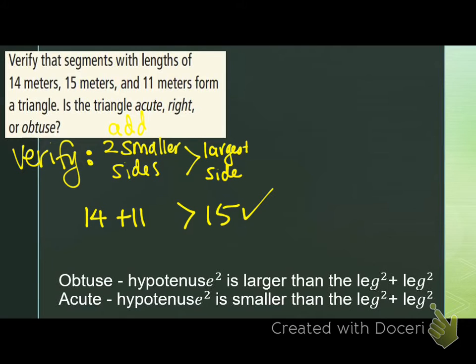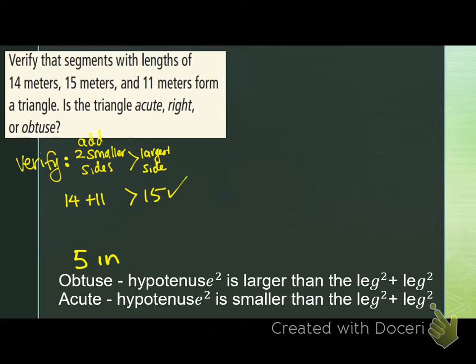But if it is a triangle, you are going to use the Pythagorean theorem to decide what kind of triangle you have. So what does the Pythagorean theorem say? A squared plus b squared equals c squared. So we're going to use the theorem to decide what kind of triangle we have. This equal sign may or may not be correct.